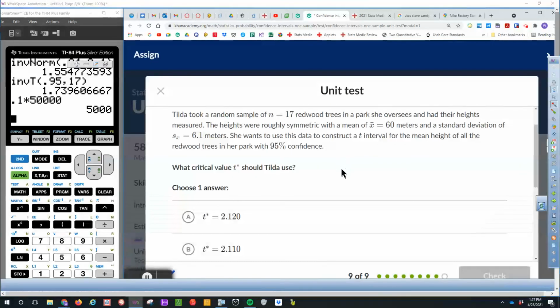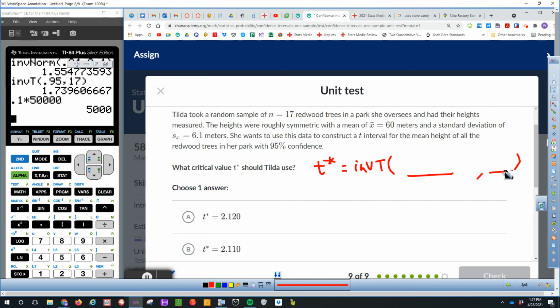So again, T star, which is inverse T, has two components. One is area to the left, one is degrees of freedom. Here the degrees of freedom is n minus 1, and we were told that the sample size is 17. So 17 minus 1 is 16. So what is the area to the left?